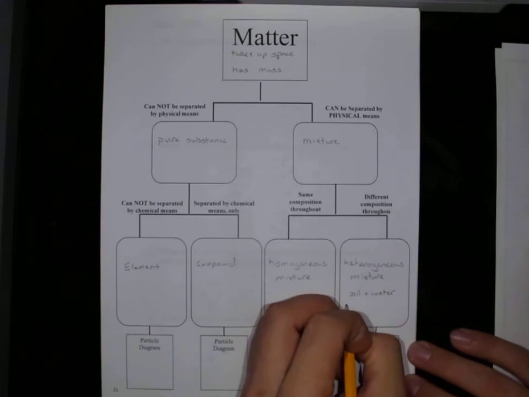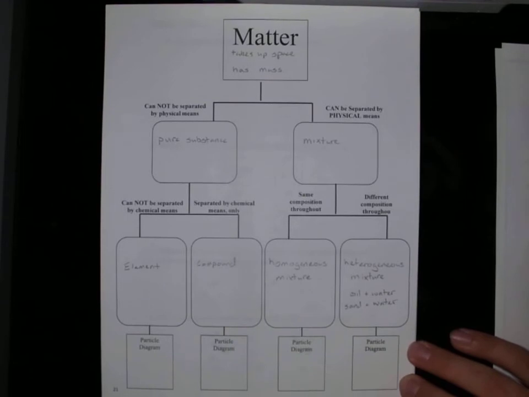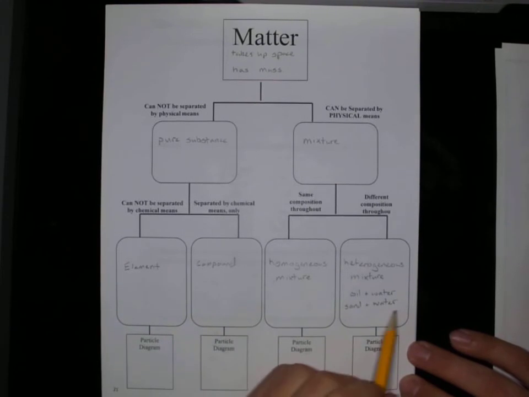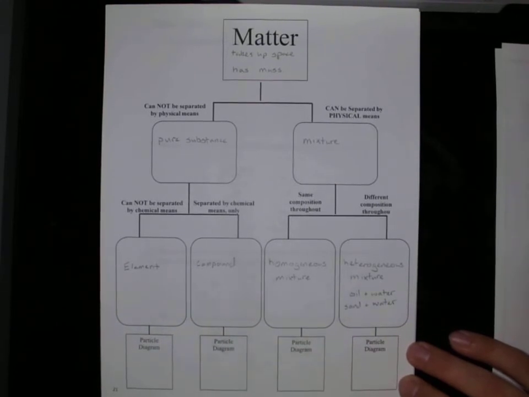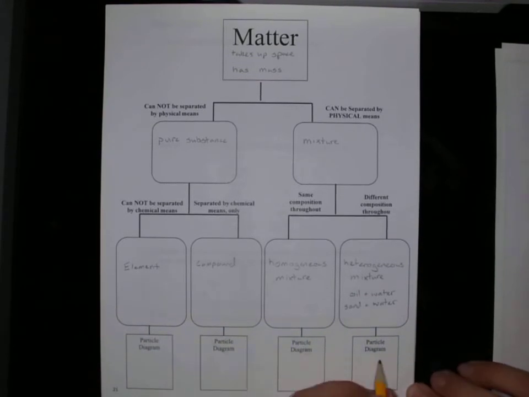We could also think about maybe sand and water, right? Sand and water, again, the sand is going to sink down to the bottom. The water itself will be mixed in with the sand, but it's not even all the way throughout. So our way to kind of symbolize this is to use a particle diagram.